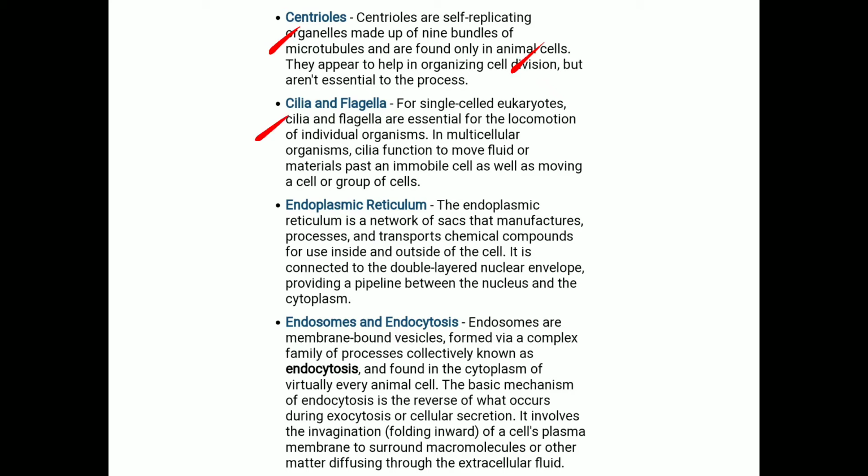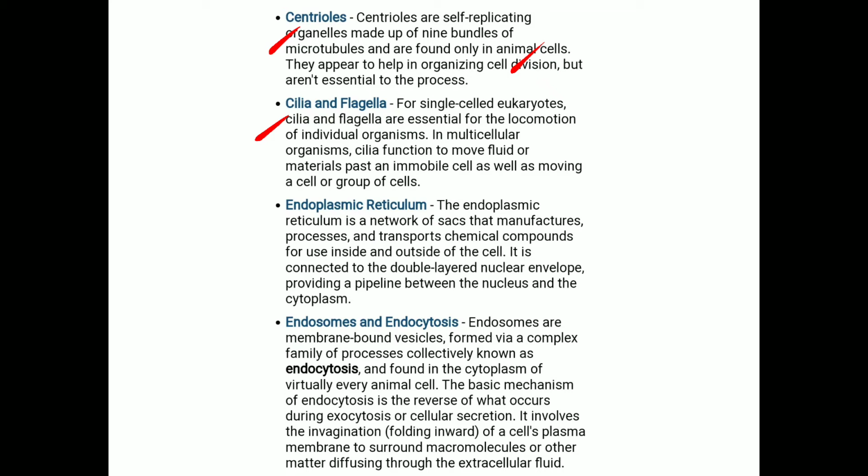Cilia and flagella. For single celled eukaryotes, cilia and flagella are essential for the locomotion of individual organisms. In multicellular organisms, cilia function to move fluid or material past immobile cells as well as moving a cell or group of cells.